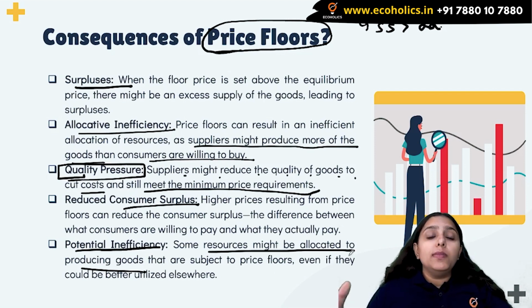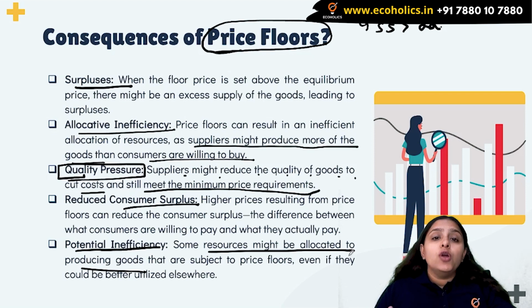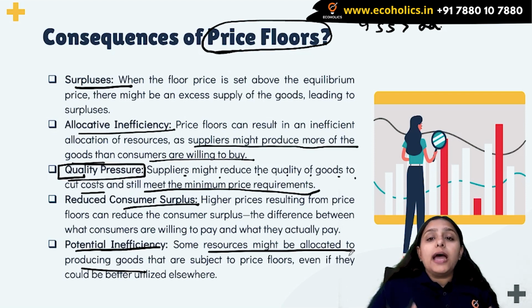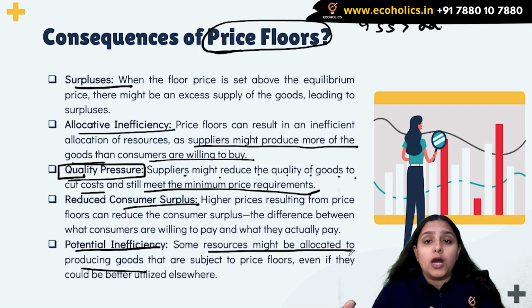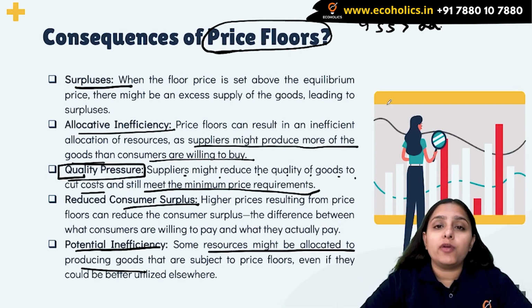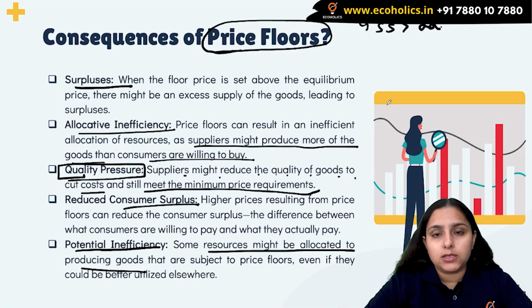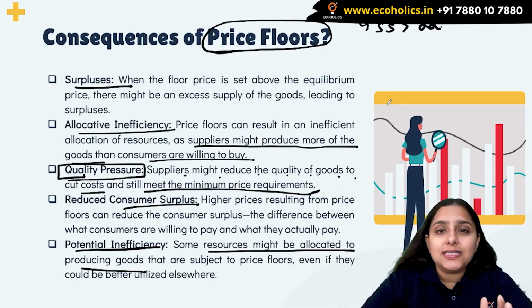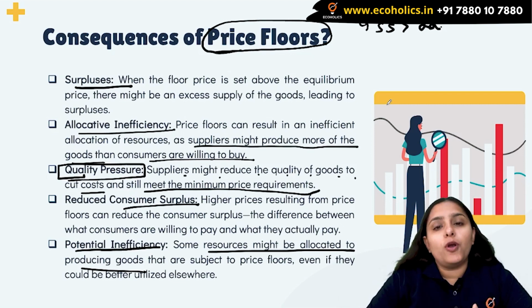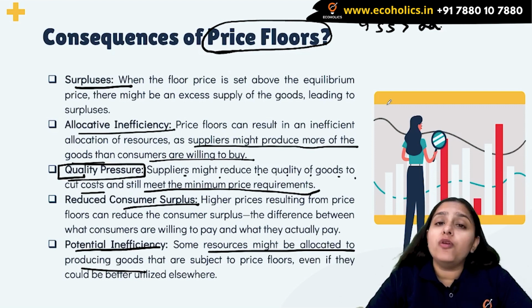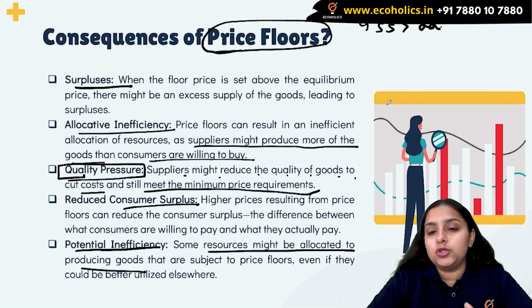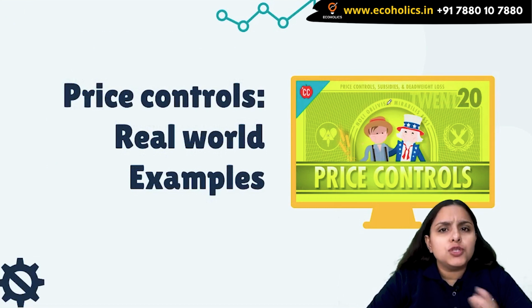So due to that minimum price, what eventually happens is that we put the resources into the production of those products. Wherever you're getting higher prices, you would want to put your resources into that place. So due to this reason, the production of other goods suffers. The resources are transferred from there to some specific goods only. So this was about all the consequences of the price floor.